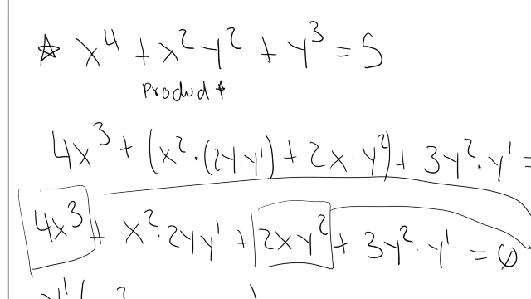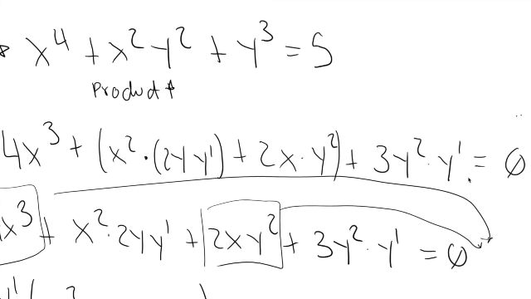Remember that we're always trying to find the derivative with respect to x, and therefore when we have y, it's like we're using the chain rule, and that's why we get these particular results. As long as you are clear with the concept of the chain rule, then this should be understandable for you.